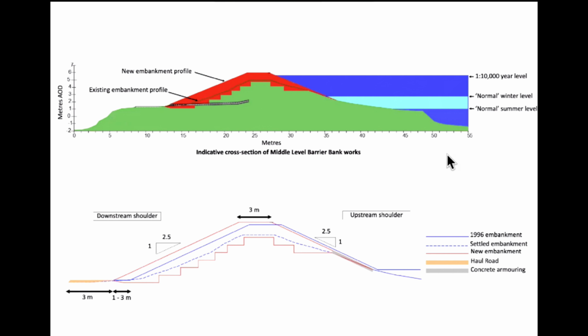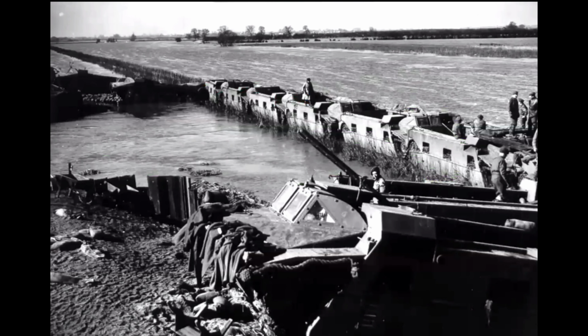So now that all the work is completed, you wouldn't actually know any difference. But the driver for this project was effectively to avoid a situation like this, to avoid a breach in the bank, such as this one that occurred, and I believe this one is at Over, in 1947.